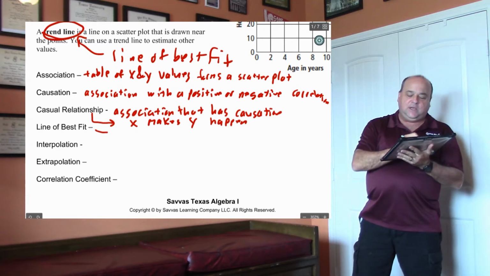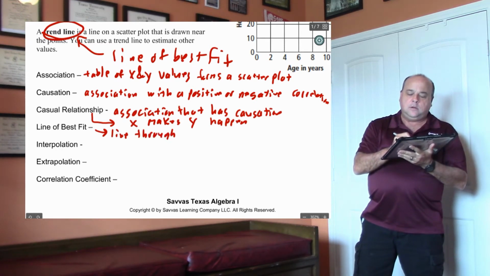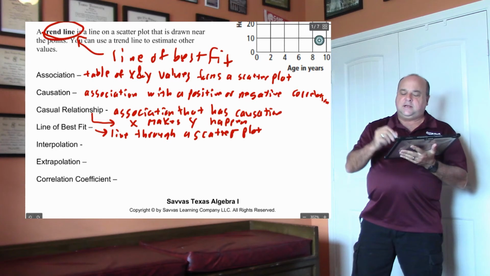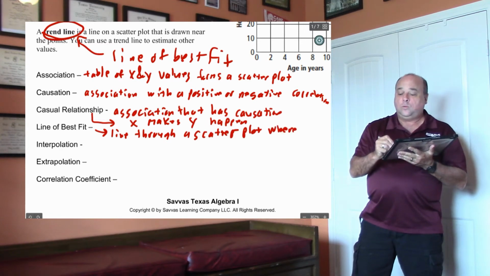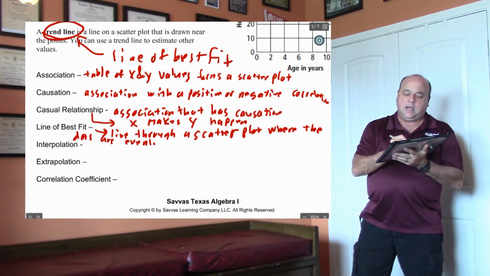A line of best fit is a line through a scatter plot where the dots are evenly spaced above and below the line.